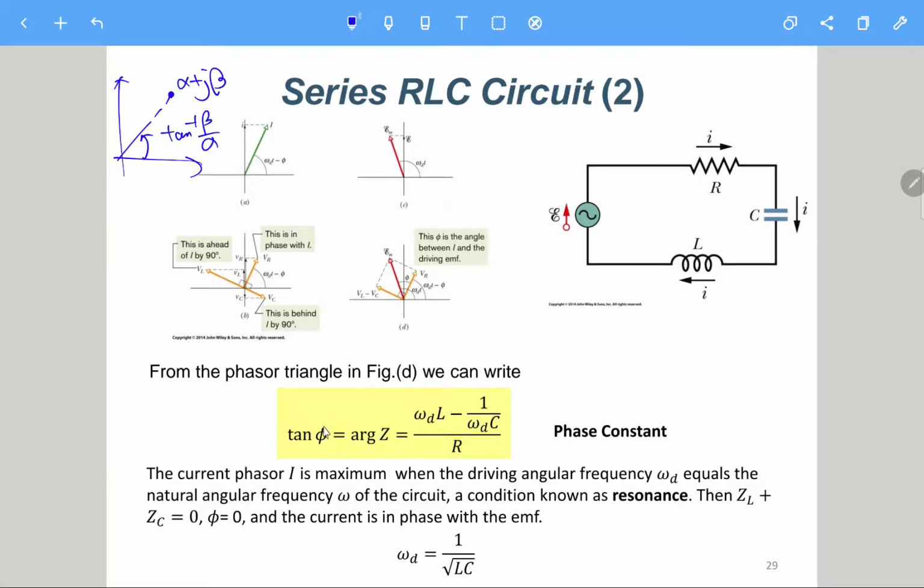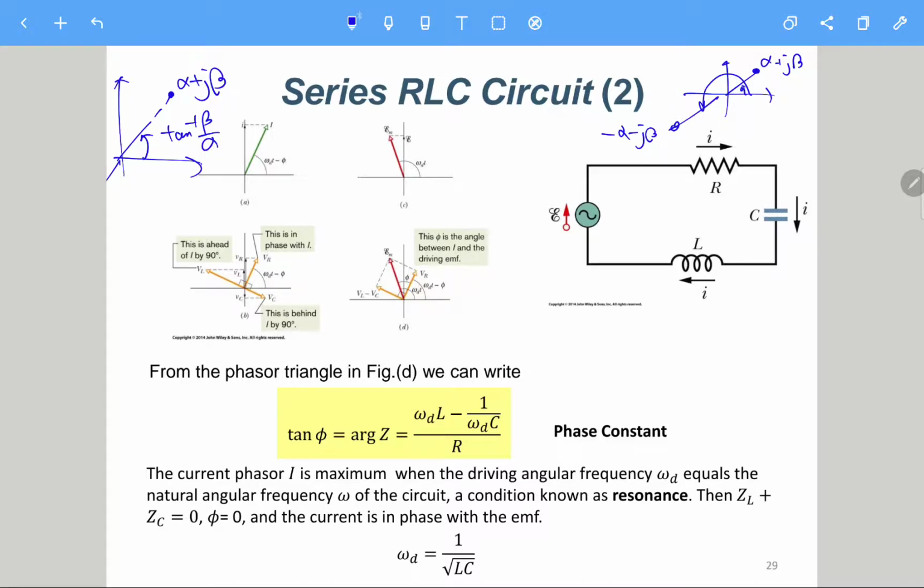And actually, we take the tangent of phi here. But arctangent is not a very good expression, because the other ray goes to that side. For example, if you have alpha plus j beta here, and also minus alpha minus j beta, then the arctangent of this one and of this one is actually the same.